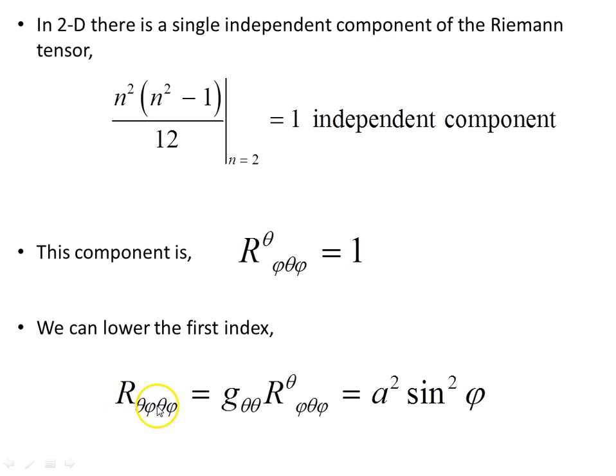And this is the basic object we're going to work with. And let's go over to the next page. So there's our basic object here, R theta phi is this object here. Okay, and we work with the Riemann tensor with all 4 components lowered, and that's our Riemann tensor. That's the basic object we work with from now on.